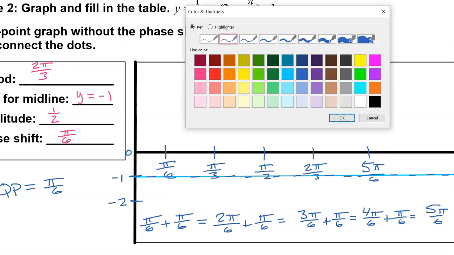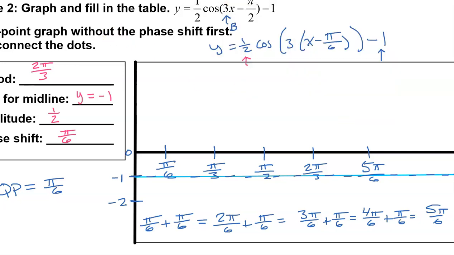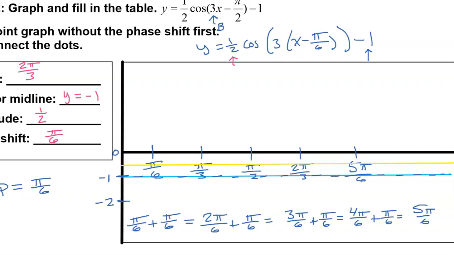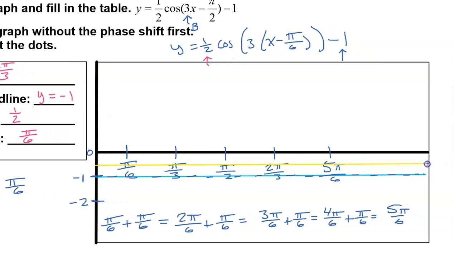I'm going to go ahead and put a yellow line as a guide to show this. So here we are 1/2 of a unit above the midline and 1/2 of a unit below the midline.